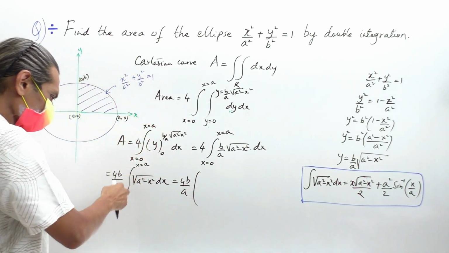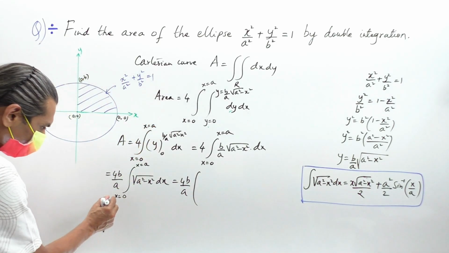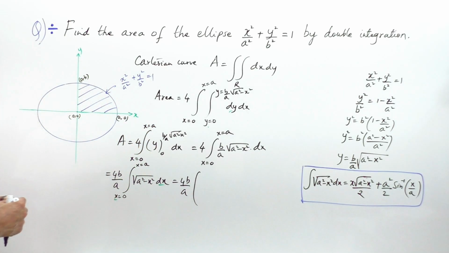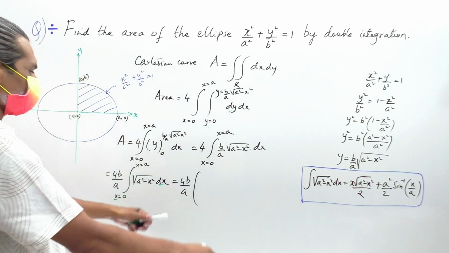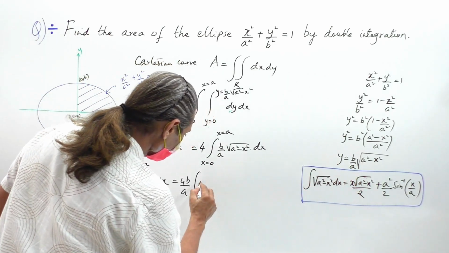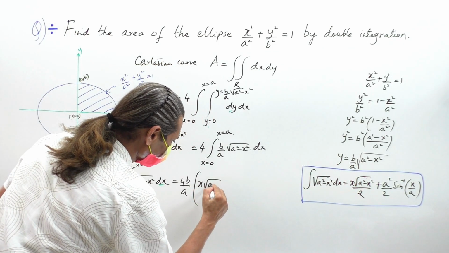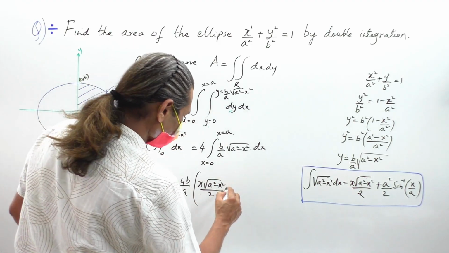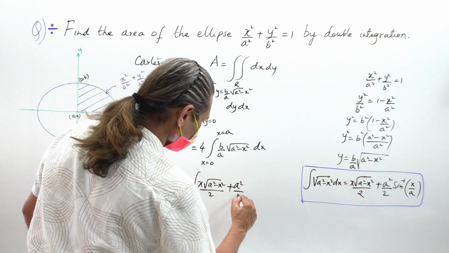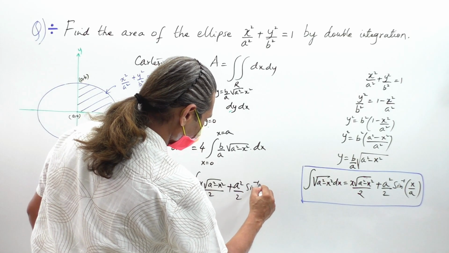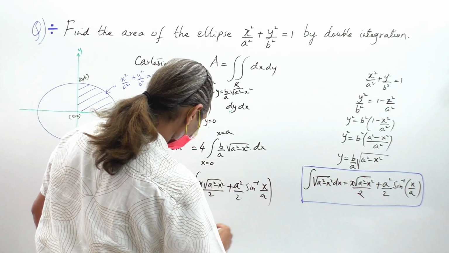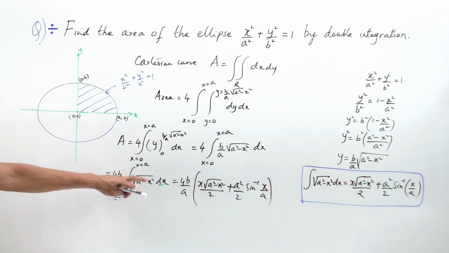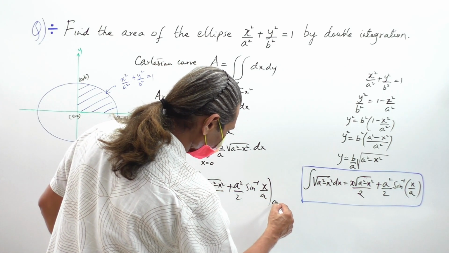When I integrate with respect to x, the integral sign vanishes. Now, the integration here is directly x root of a square minus x square over 2 plus a square over 2 sine inverse x by a, and when I integrate, the limits are 0 to a.